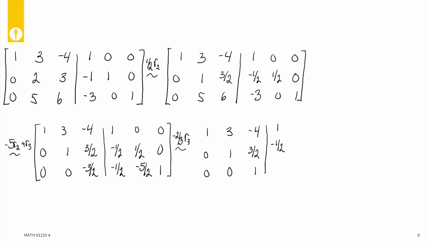One, negative a half. So what is negative a half times negative 2/3? Negative 2/6. Reduce that. Oh, 1/3. And you caught the negative and got rid of it. 0, a half. Negative 5/2 times negative 2/3 is negative 10/6.